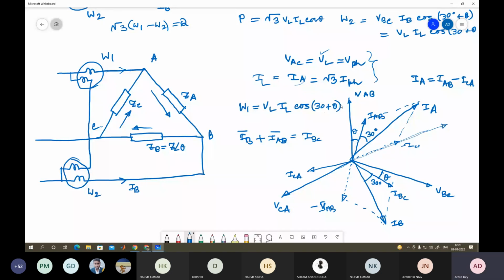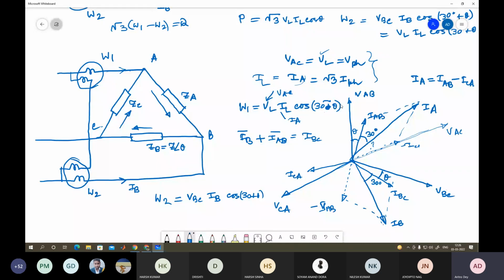So if this is VAC, then what is the angle between? It is 60 degree minus 30 plus theta. This 2 is 30 plus theta. This is 60. So it will actually be 30 minus theta, isn't it? Because this is your VAC and this is your IA. Okay. And for W2, you will get VBC into IB into cos of this angle, because this is your VBC and this is your IB, and here this is VAC.